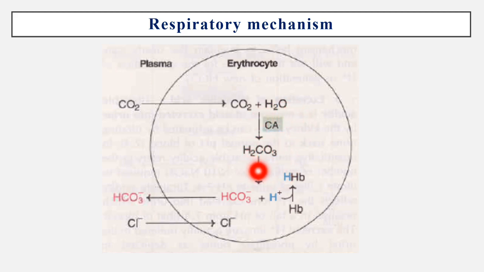This carbonic acid dissociates into H plus and bicarbonate. The H plus ions are trapped by hemoglobin, and the bicarbonate concentration is higher in erythrocytes, so it enters the plasma in exchange for chloride ions to maintain electrical neutrality.